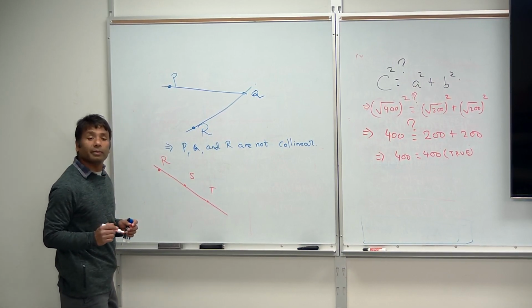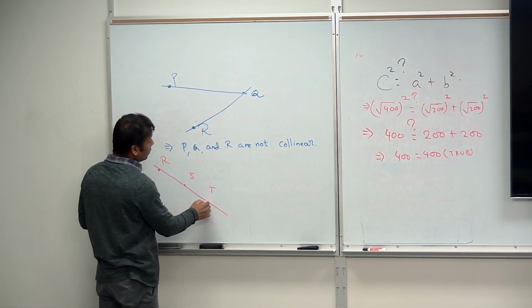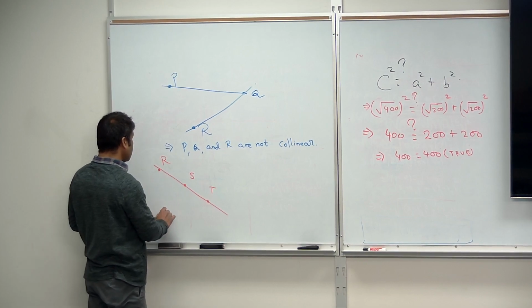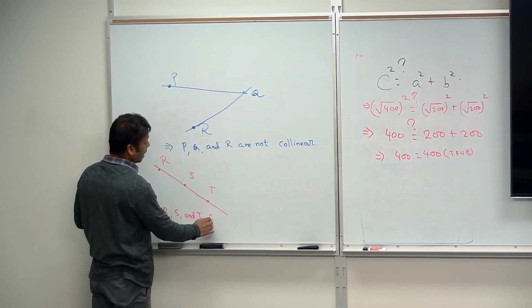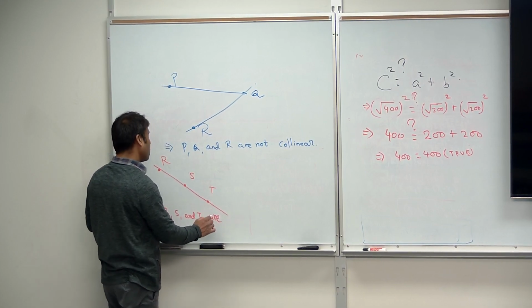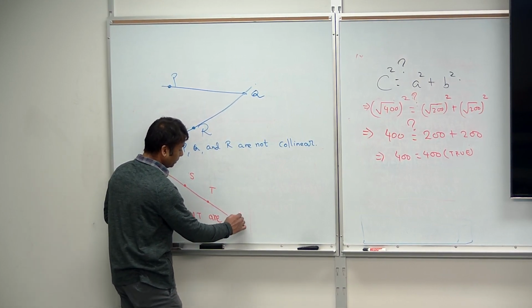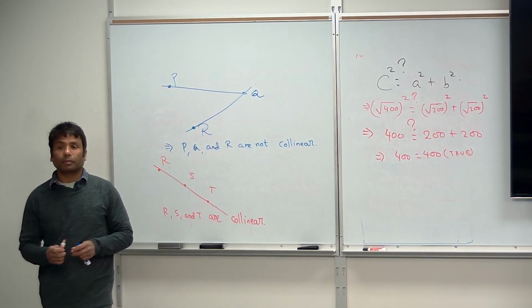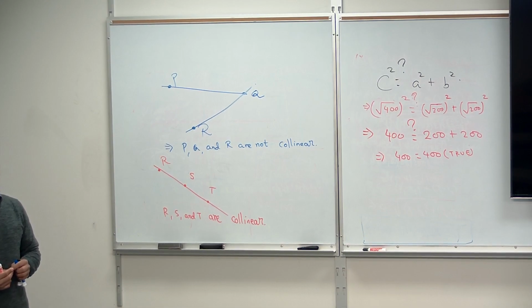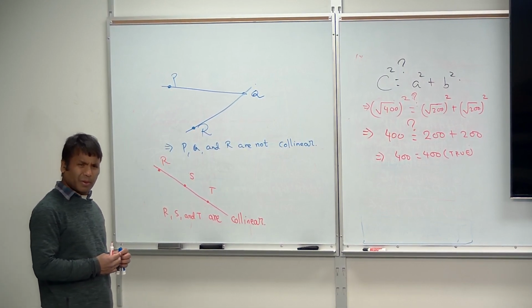You see that? So now these 3 points, R, S, and T, are collinear. Did you get it?